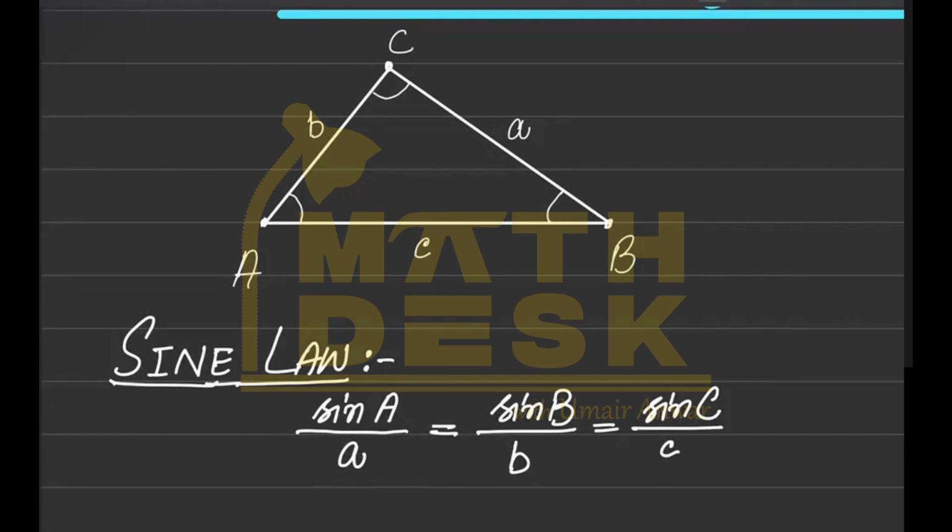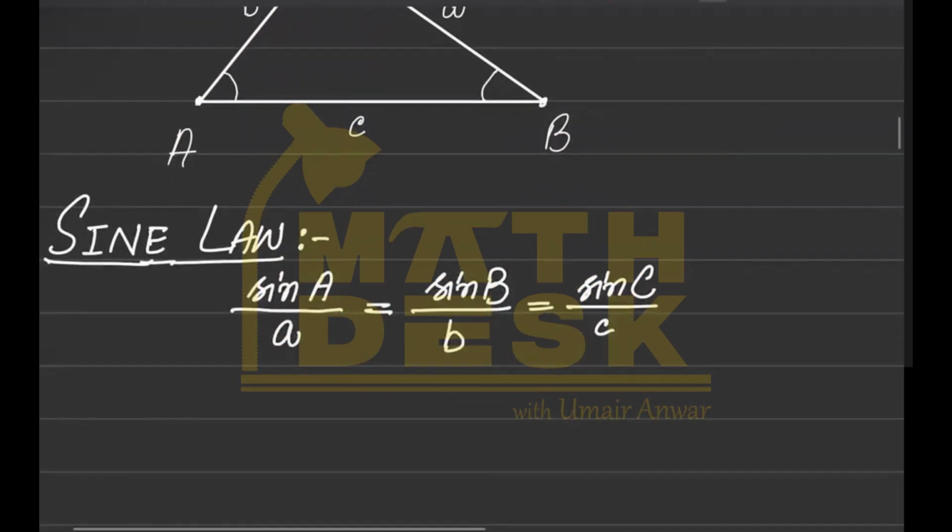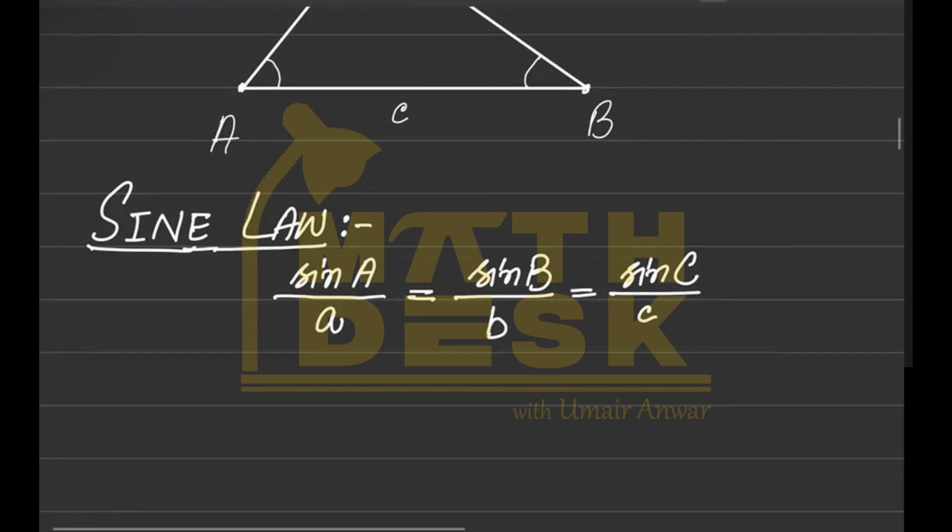So these three ratios are equal to each other, and it is called the sine law.